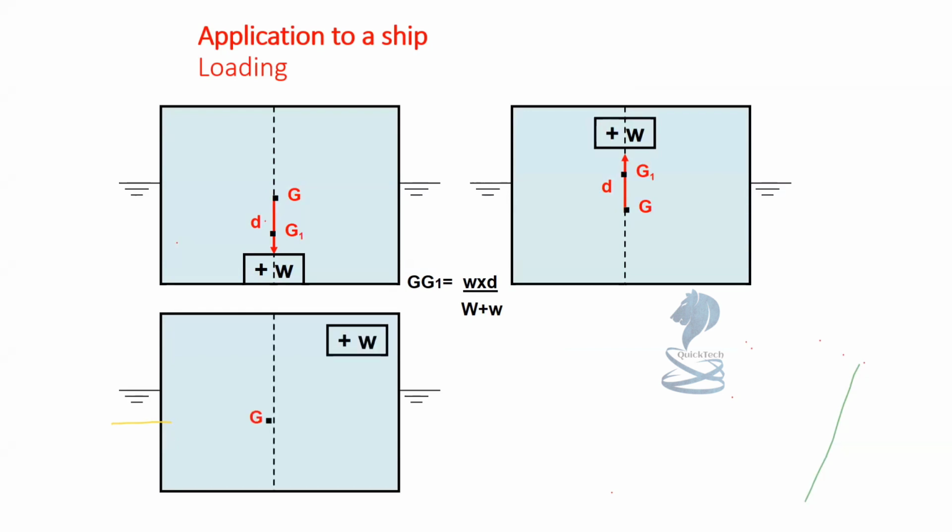Here in the diagrams we are looking at the shift of center of gravity vertically, diagonally, and then it will be seen on the horizontal axis.